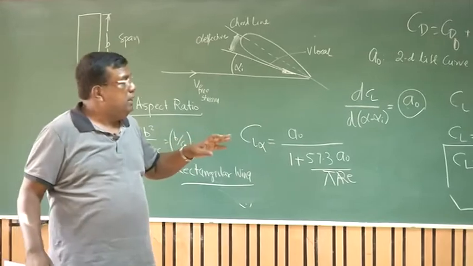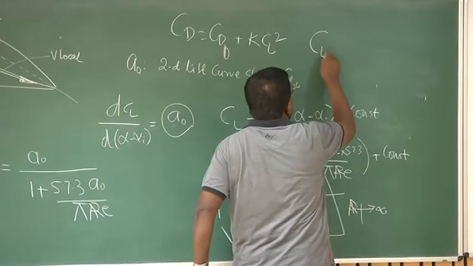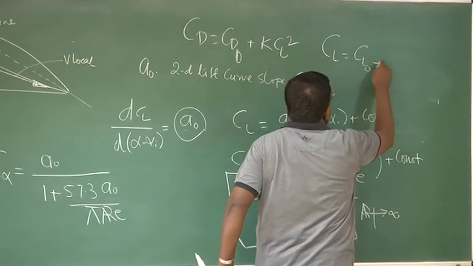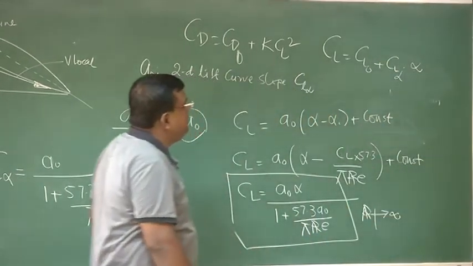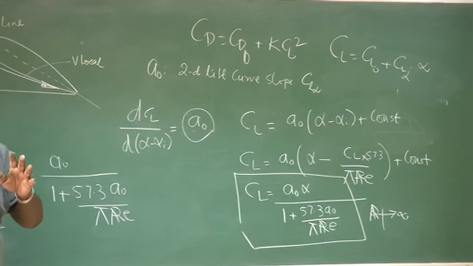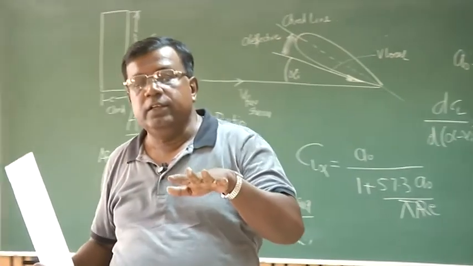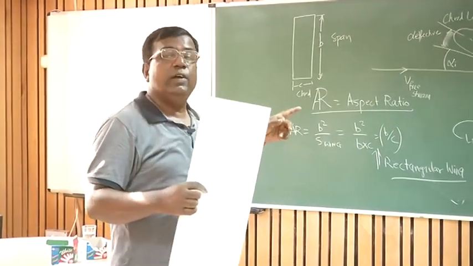Why do I need a relationship between CL and alpha? Remember, we have written CL equal to CL naught plus CL alpha into alpha. Why do you require this? Because to maintain lift equal to weight, we need some CL, which will be given by the lift equal to weight equation.